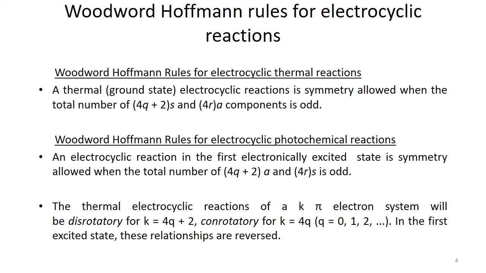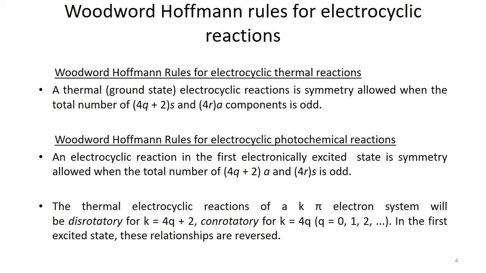And in the same case, for an electrocyclic reaction in the first electronically excited state, it is allowed when the total number of the sum of these two is even. So basically, this is the general rule. This is how they mathematically calculated everything and gave the rules as such.